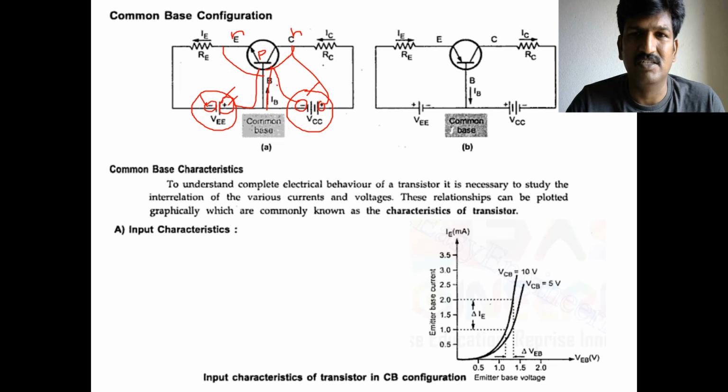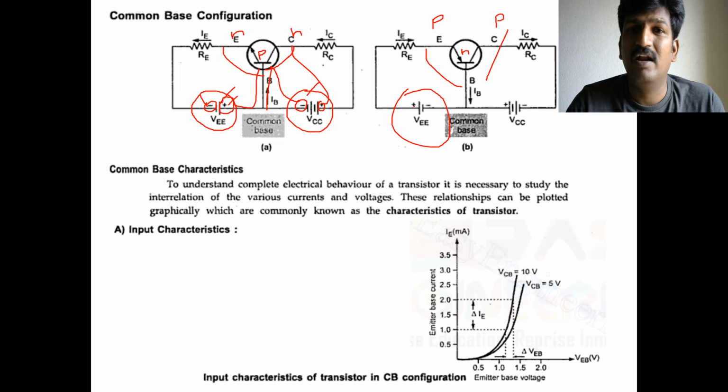And let me consider the PNP transistor also, same like this. In the PNP transistor, what happens? In PNP, the emitter has P-type material, the base has N-type material and the collector has P-type material. We have to forward bias the base to emitter junction by applying the external power supply.